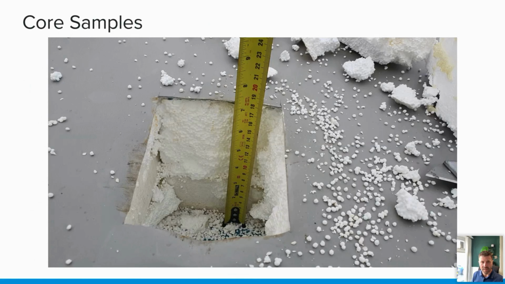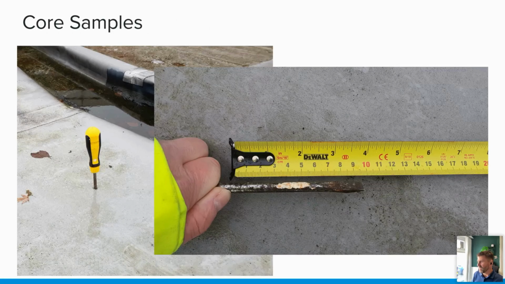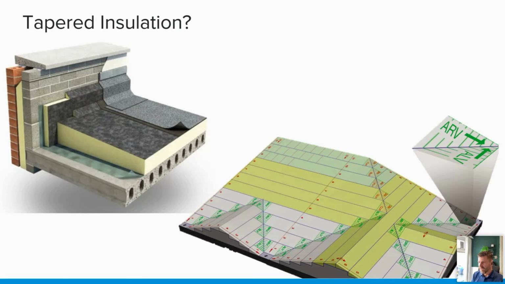Take a core sample at a low point, or you can use something like a long screwdriver to pop in there. Obviously, we need to patch these areas up, even if we're not taking core samples, and we can see that it's 90 millimeters to 100 millimeters near the gutter there. So we know that in this instance that is tapered insulation.